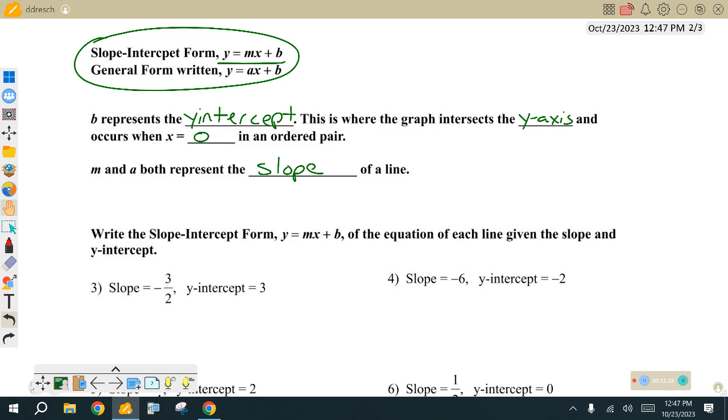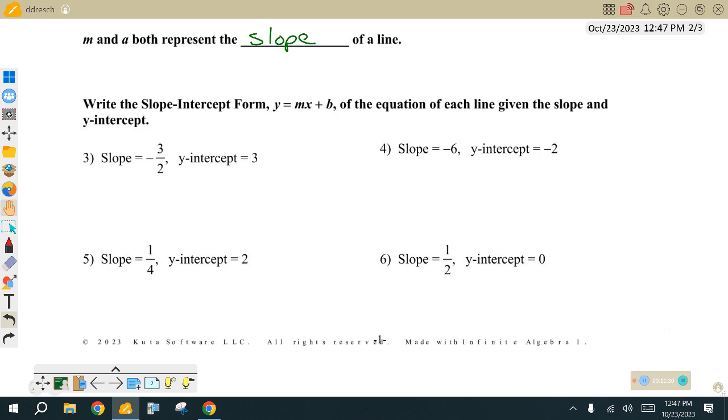All right. So when I say, guys, write me the slope-intercept form, y equals mx plus b, you need to always know two things. What's the slope, and what's the y-intercept? If you know them, great, your life is easy. If we don't know them, we have to go find them. To start things off, we know the two things on that first example.